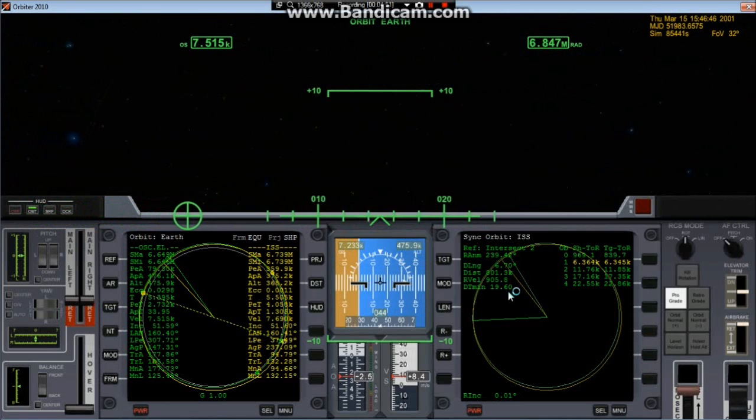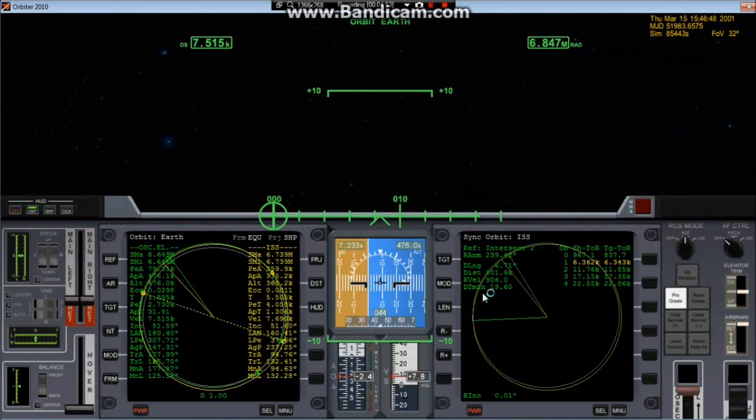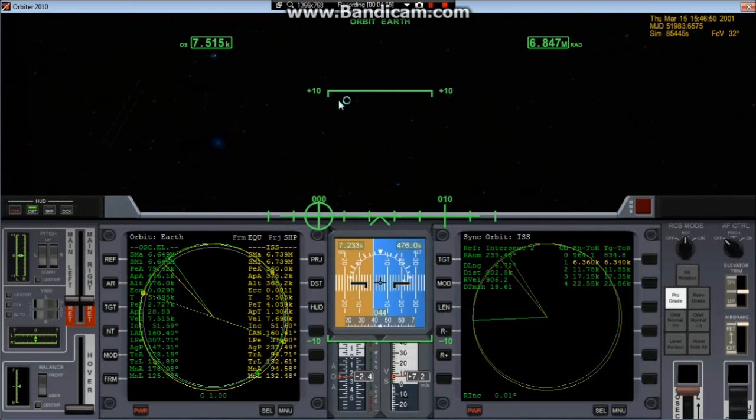So now what we're going to do again is burn prograde until DT min gets back low again to 0.